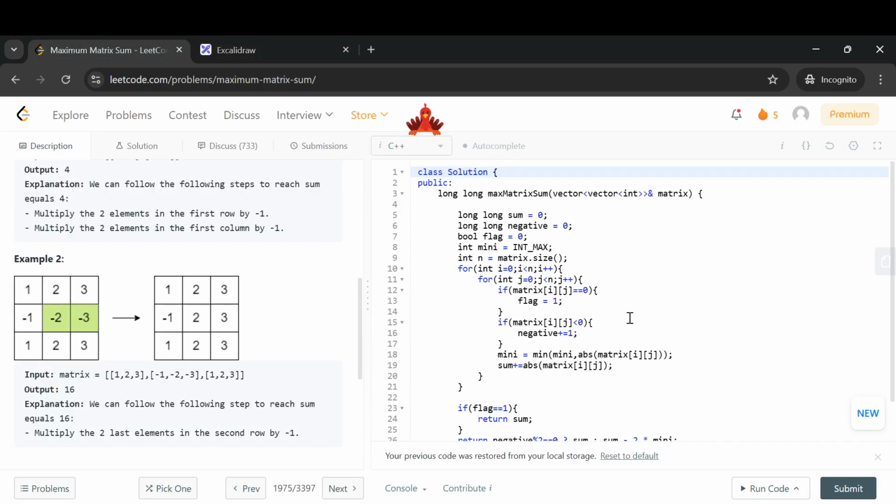Let's look into the solution once. So what I try to do here is I set a variable sum, and when I do the iteration, I will add the absolute values of all the elements present in that matrix as I traverse through the array. Negative is basically the total number of negative signs you have found in the matrix.